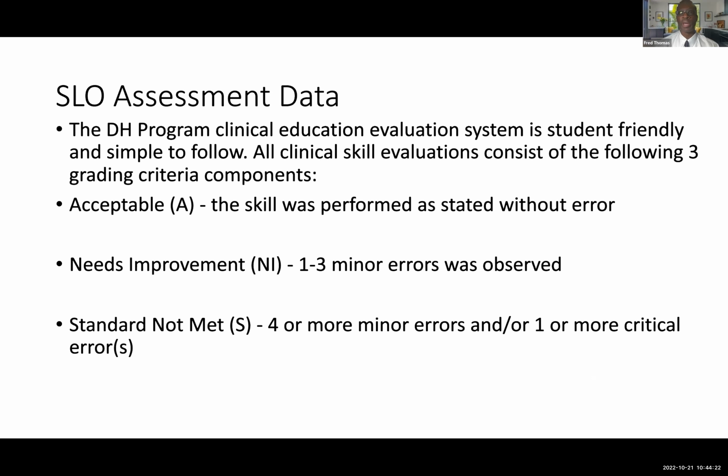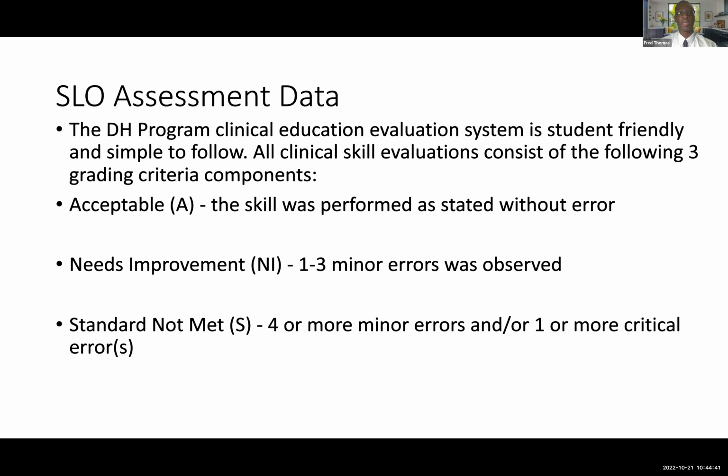The basic grading or evaluation system is very student friendly. All the clinical skill evaluations consist of 3 grading criteria components. A, for acceptable, meaning the skill was performed as stated without error.